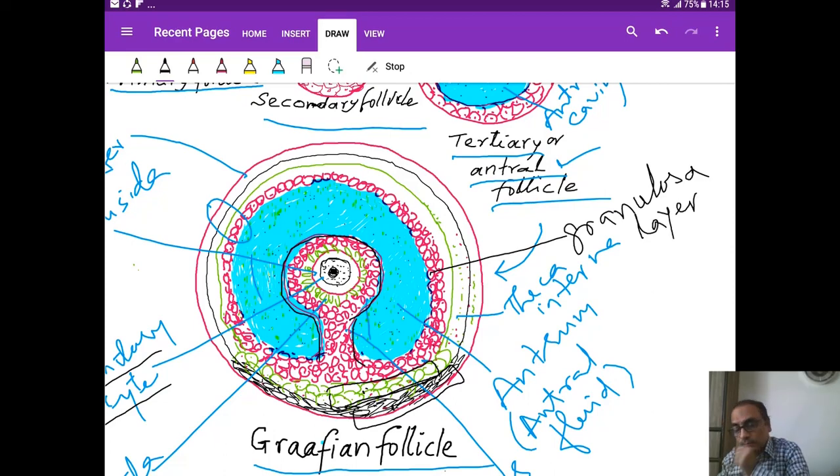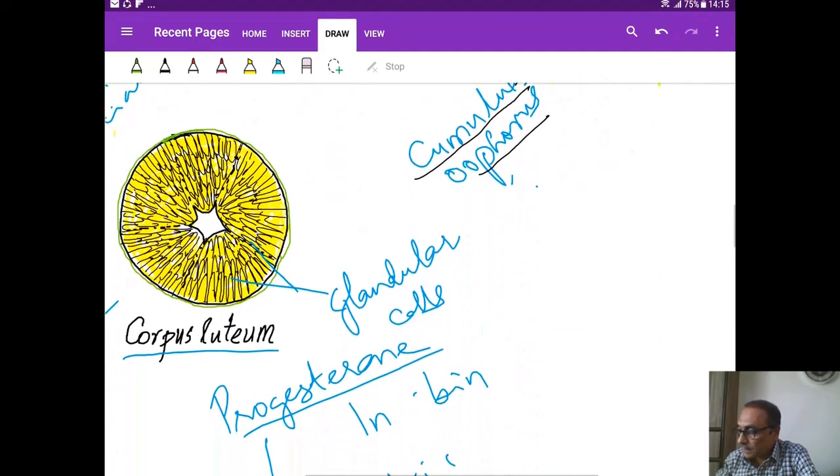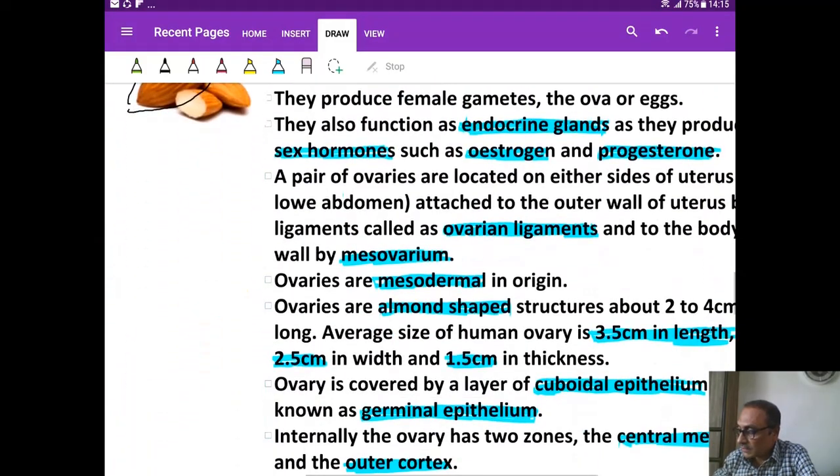We have also noted that the wall of the Graafian follicle is also working as endocrine gland, as it produces estrogen, female sex hormone. Now let's go back to the points which we are discussing here.